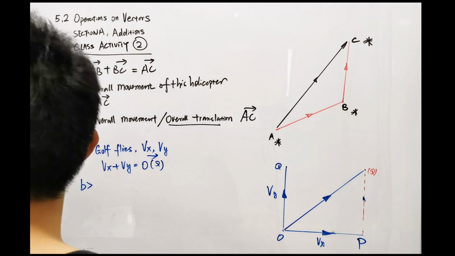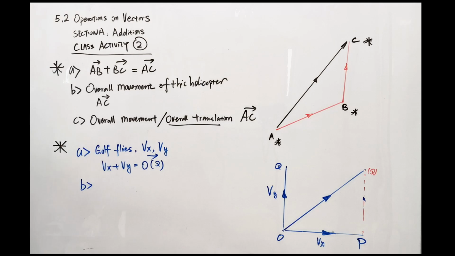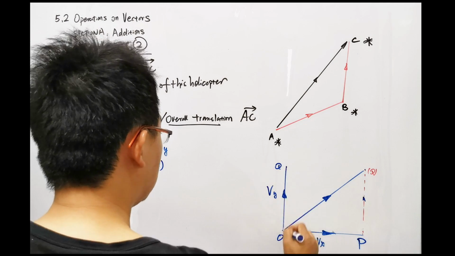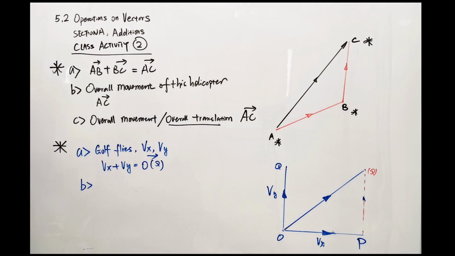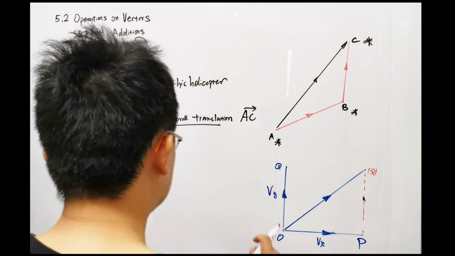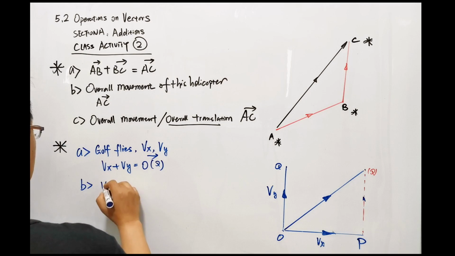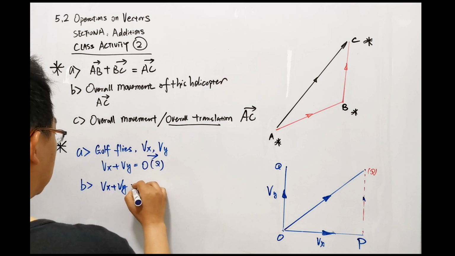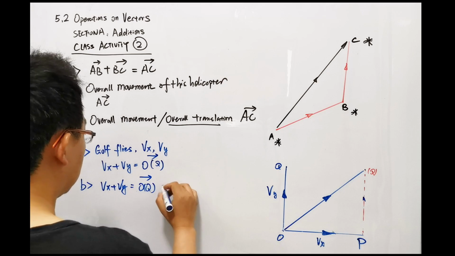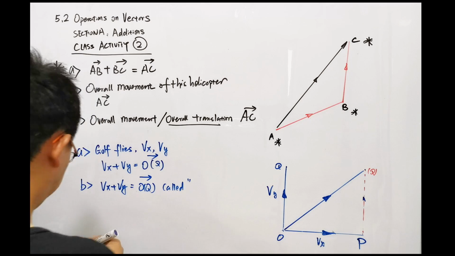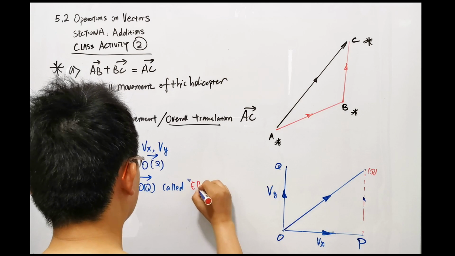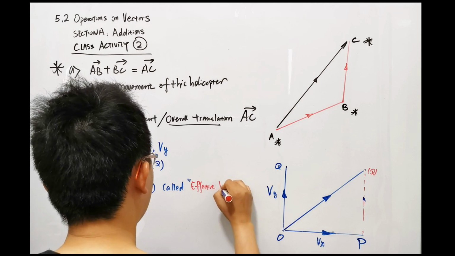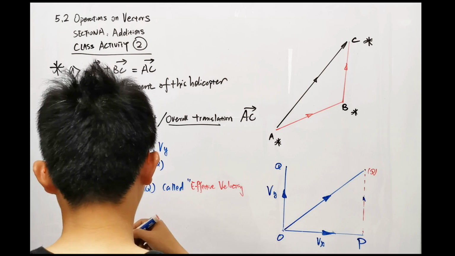Then look at B. Describe the vector. When we have these two, the vertical and horizontal velocities, we have a sum of these two velocities, and we give it a name.